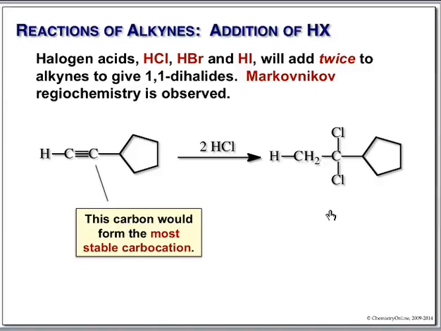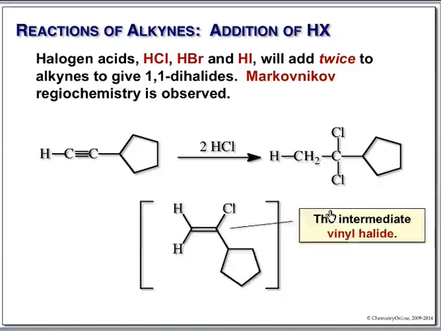That's all you have to do. And then remember, you're going to add 2 chlorides to this, 2 hydrogens to this one. The reaction actually involves this guy as an intermediate. So this is what happens after we add 1 mole of HCl.